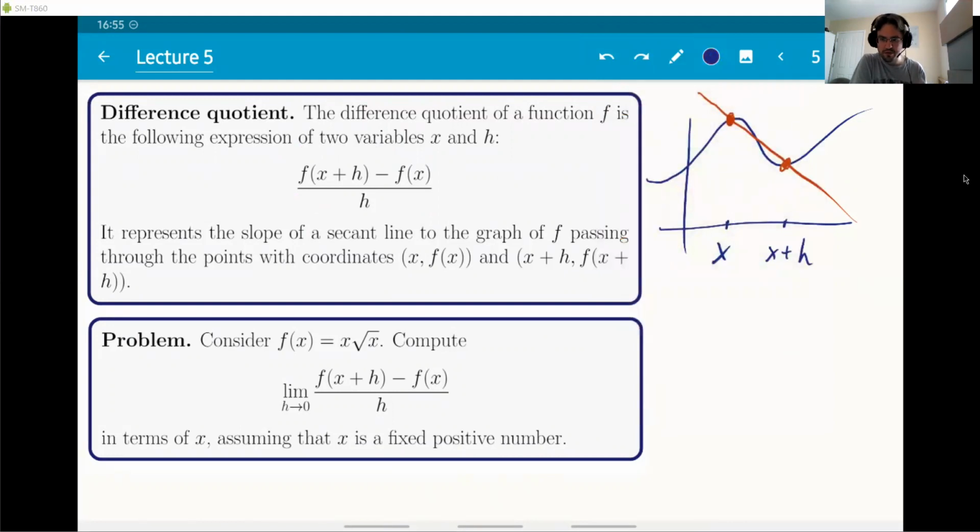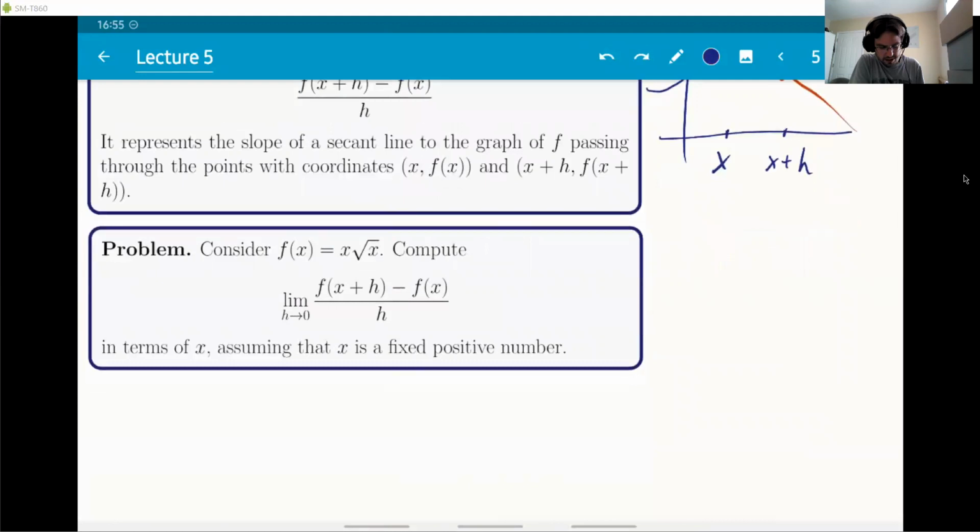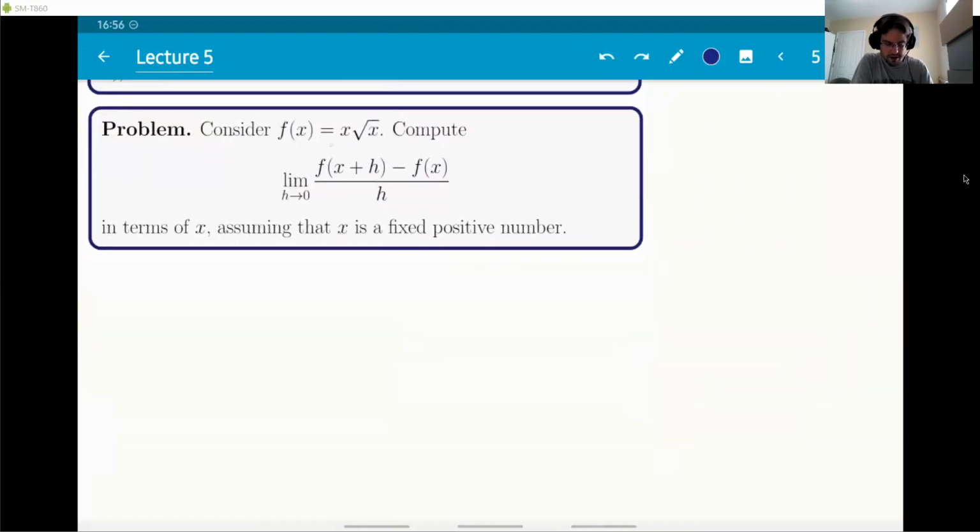So that's why we usually like to give lots of problems involving this. And in particular, here is a problem where not only we're computing the difference quotient, but we're computing a limit of it. Let's read this problem. Consider the function x times root x. Compute the limit as h goes to 0 of this difference quotient in terms of x. And also they're telling us assuming that x is a fixed positive number.